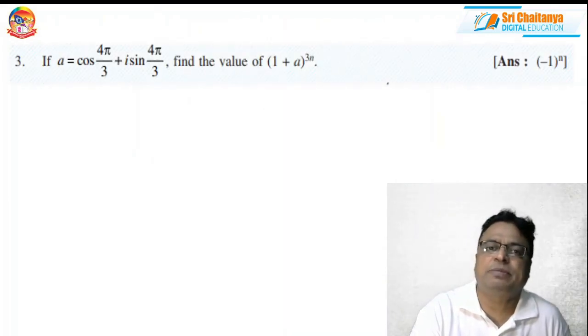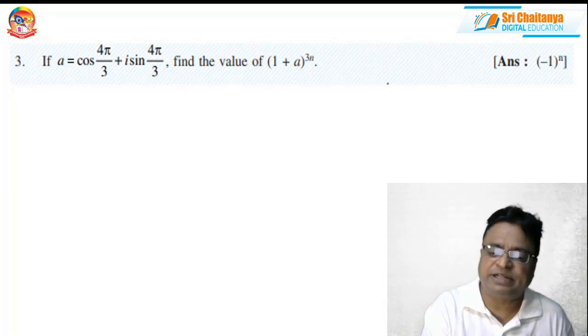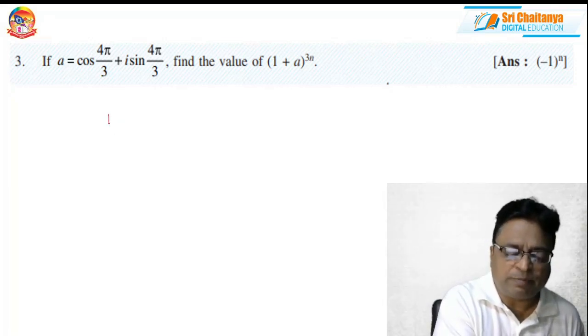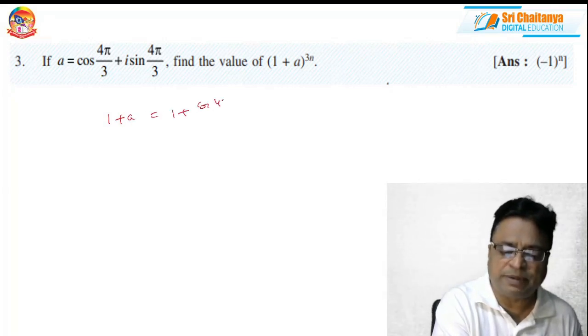Now coming to the third problem. a equal to cos 4 pi by 3 plus i sin 4 pi by 3, then find the value of (1 plus a) whole power 3n. What is my 1 plus a? That is 1 plus cos 4 pi by 3 plus i sin 4 pi by 3.